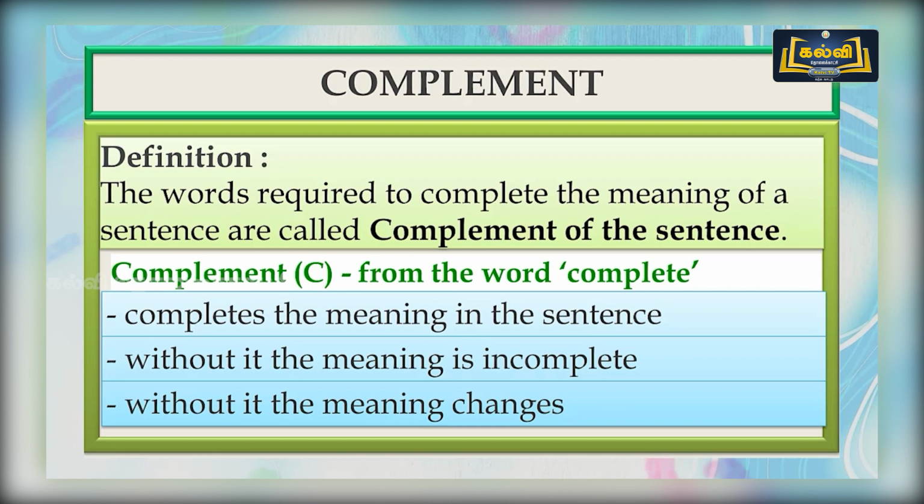Complement came from the word complete. So when you hear the word complement, remember complete. Completing the meaning of the sentence is one tip. Without it, the meaning is incomplete. When you remove that, the complete meaning changes.